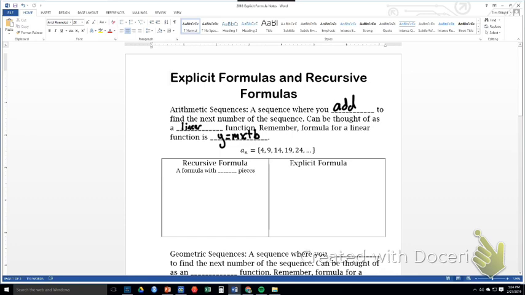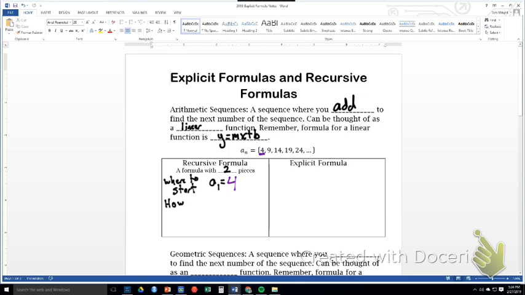So let's review. A recursive formula is a formula that has two pieces. The first piece is where to start. If you remember, this is sequence A, so we know it's going to be A1 equals, and so you come up here and we see, all right, what number am I going to start at? Well, my first number right there is 4, so we can say A1 is equal to 4. Then we need to say how to move.